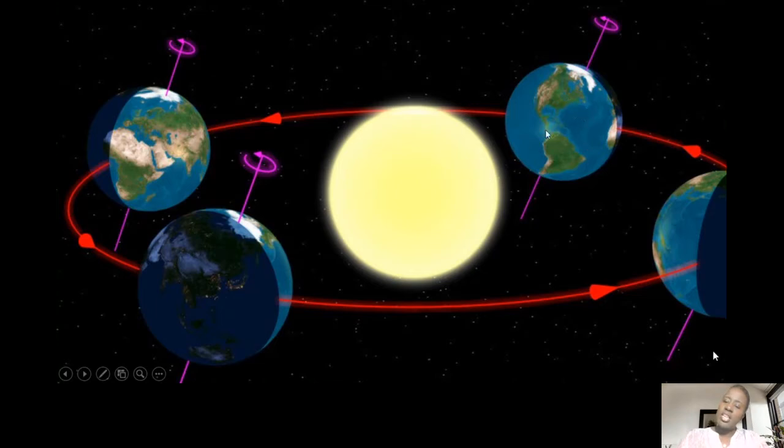They're closer to the sun. They're experiencing summer. In this particular location here, you have Europe and Asia and Africa experiencing their summer. Here, of course, there's summer, then there's spring and fall and winter. So it all depends on the tilt of the Earth's axis what season each continent will be experiencing.